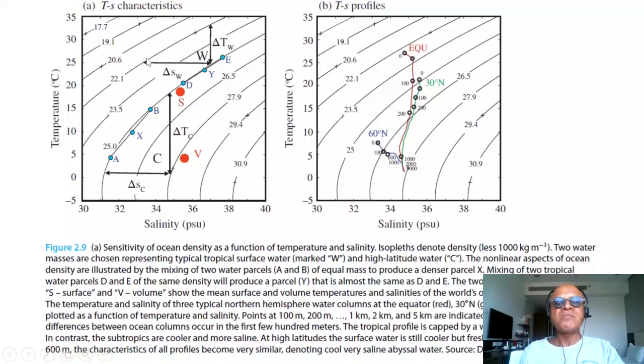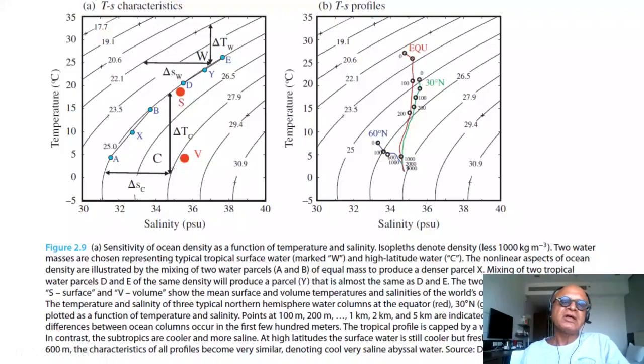So at a warmer temperature, the change in salinity and temperature needed to accomplish the same change in density is going to be very different, right? So small warming here is going to give you a change in density for the same salinity, whereas here you're going to need a larger change in temperature. Okay, I think you know the point.